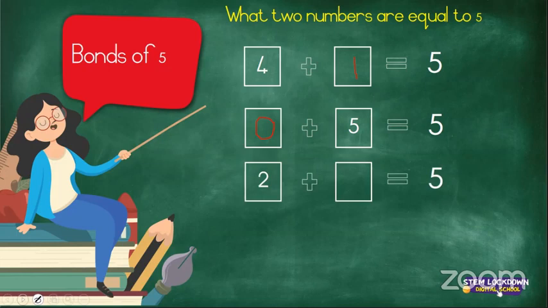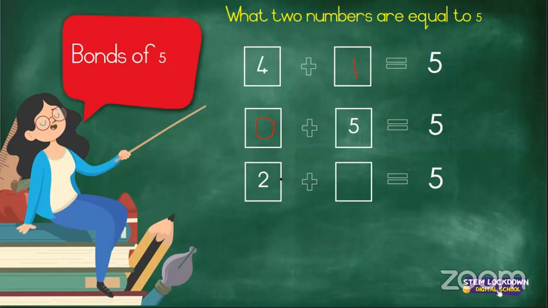Excellent. Let's look at the third sum. 2 plus what gives us 5? If you've got 2 sweeties, how many more do we need to equal to 5? All right, boys and girls, I know you are super excited to answer, but let's give the other children a chance as well. Okay, let them figure it out.